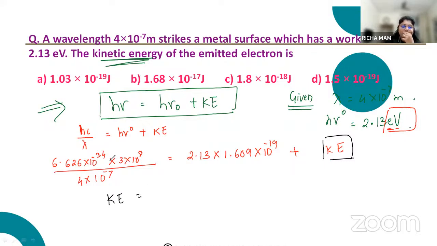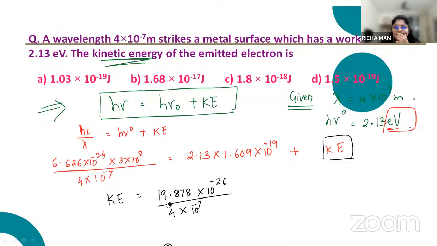Solving this, 6.626 into 10 raised to minus 34, into 3, is 19.878 into 10 raised to 34 minus 8, which is minus 26, divided by 4 into 10 raised to 7. So now, 19.878 divided by 4 is what?